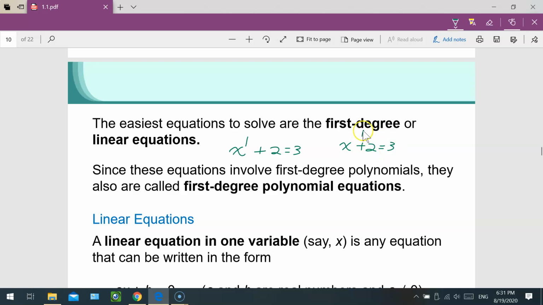So this would be the first degree equation. It is also called a linear equation. You only have one unknown. Since this equation involves first degree polynomials, they also call them first degree polynomial equations.